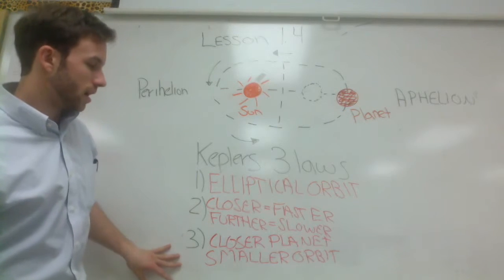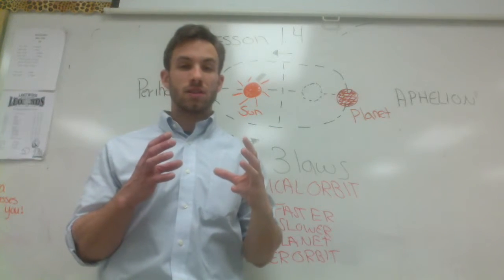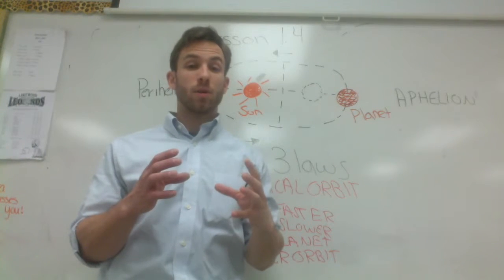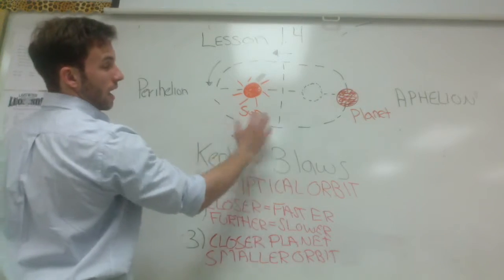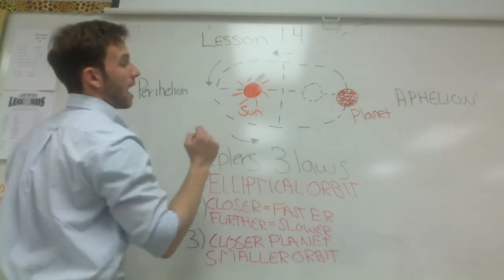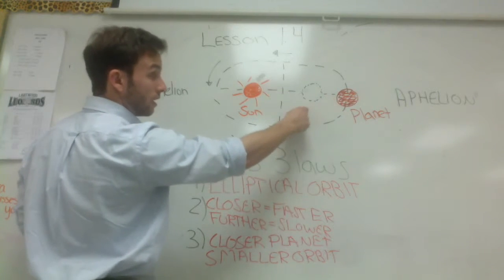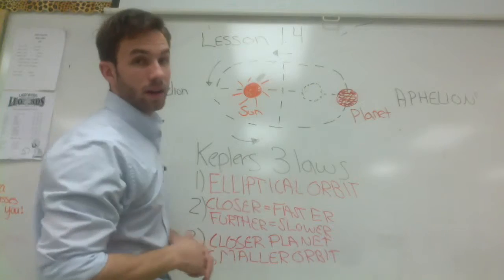His third law states that the closer a planet is to the sun, the smaller its orbit is going to be. For example, if we have the sun here and a planet here, you're going to see this elliptical orbit. However, if the planet were to shift in, the orbit would become smaller and closer to the sun.